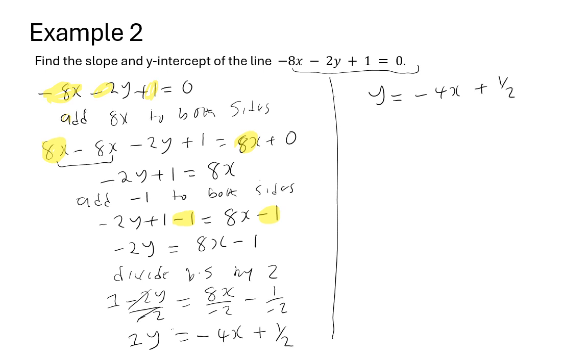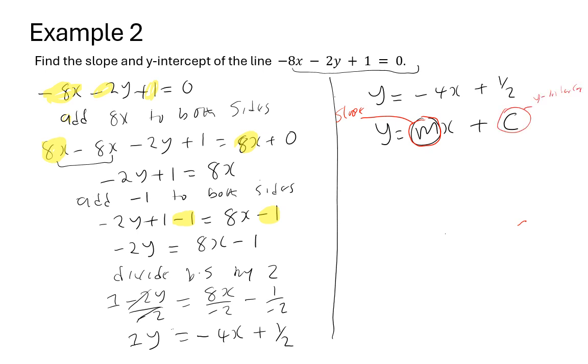Let's remember the representation for the straight line equation is y equal to mx plus c, where m is the slope. Here, let me use red line. M here is the slope, and c here is your y-intercept.